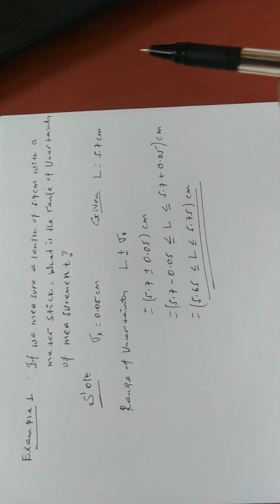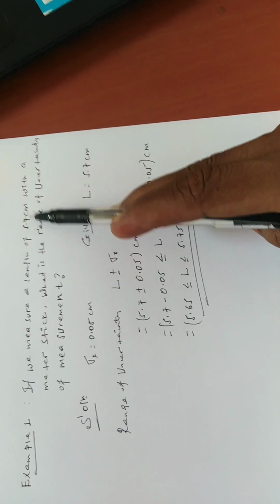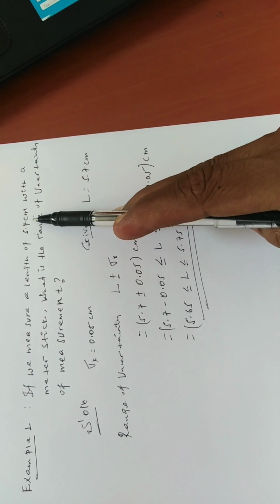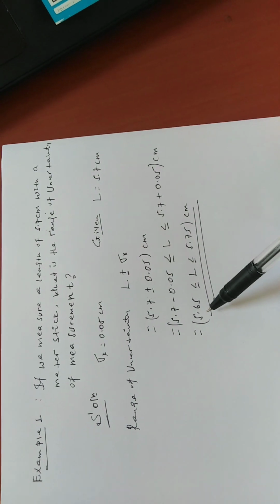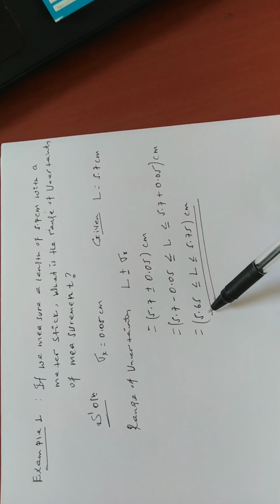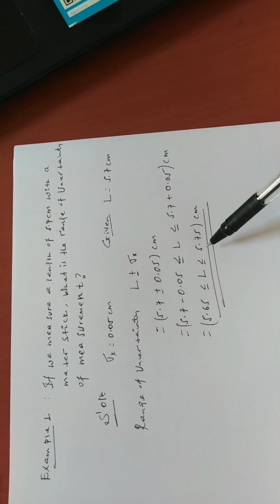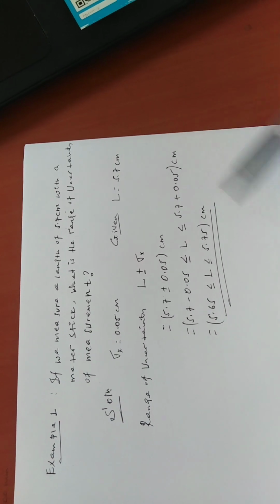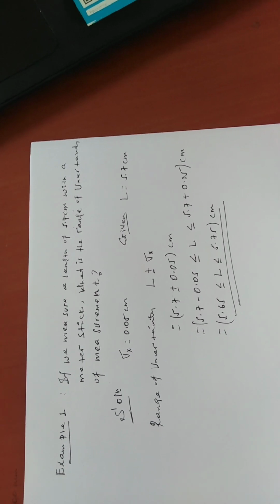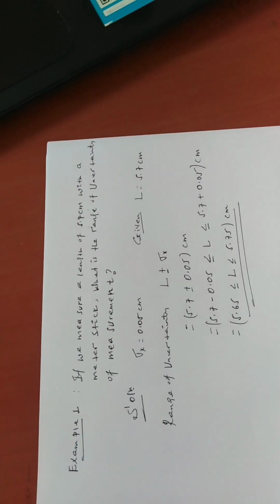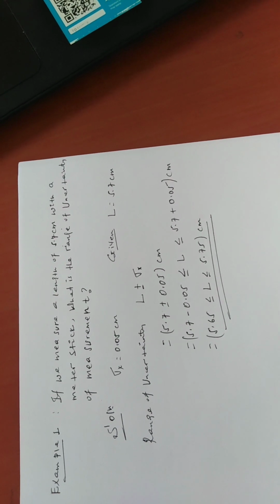So when we say our length is 5.7 centimeter, it may be between 5.65 centimeter and 5.75 centimeter, because 0.05 centimeter is the uncertainty in the scale measuring device. So let us see the second example.